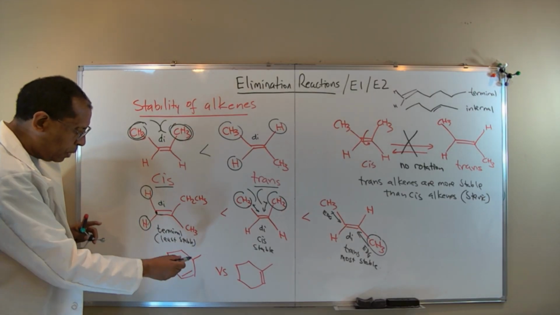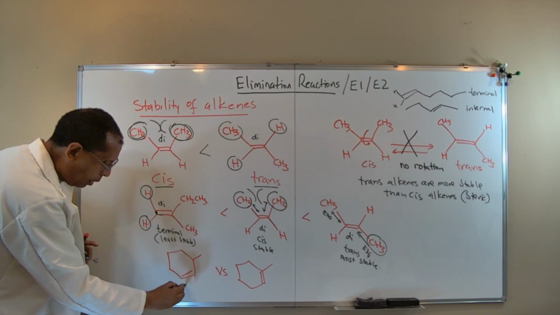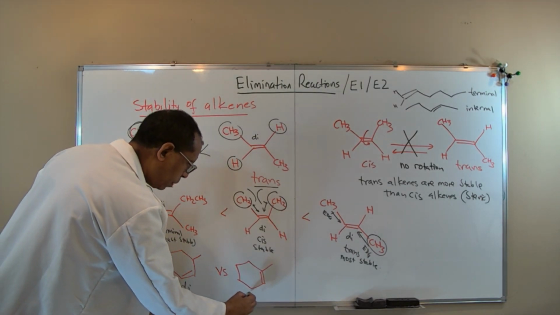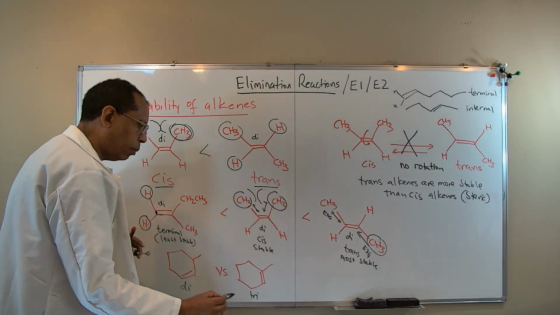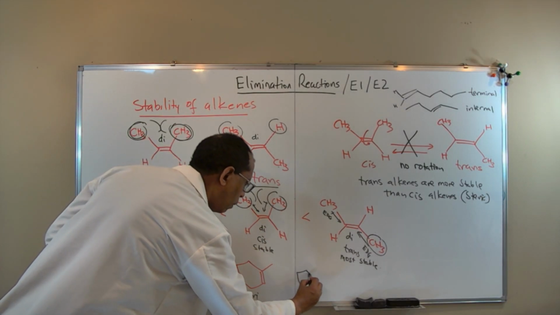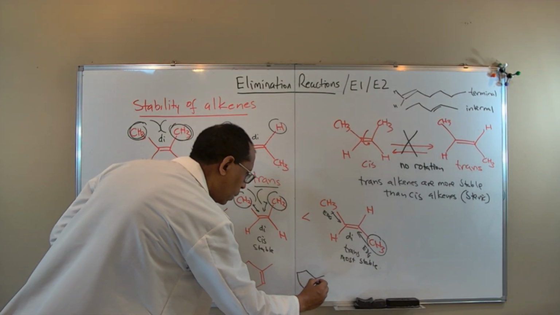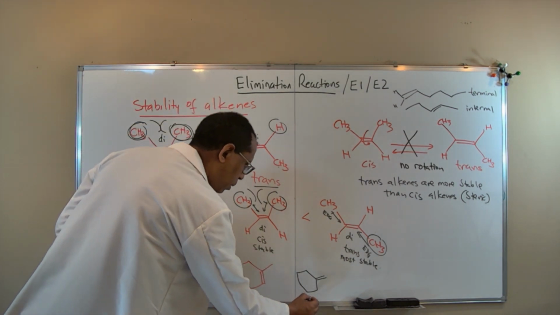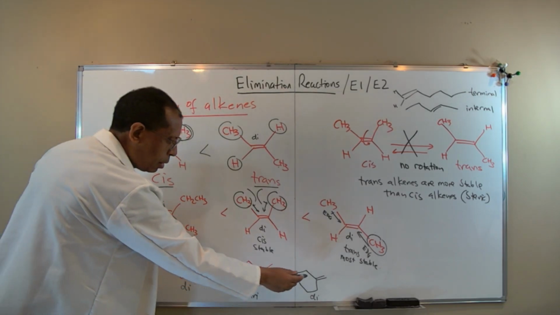Here you have a di-substituted alkene, and here you have a tri-substituted. I will add one more actually. If you have something like this, it is a di-substituted, but this is a terminal alkene.